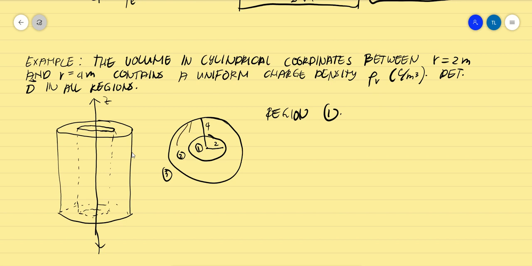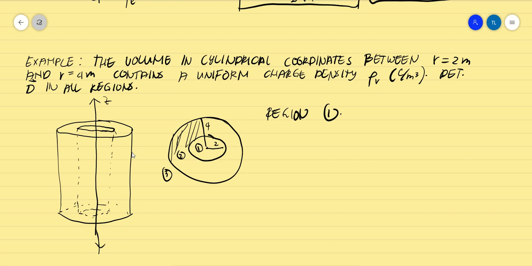Our charges are at this volume here, in the same shape of a volume, and uniformly distributed with the charge density rho v. So inside this circle, there's no charge.